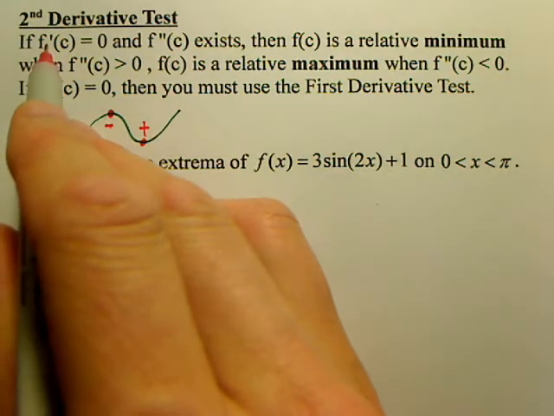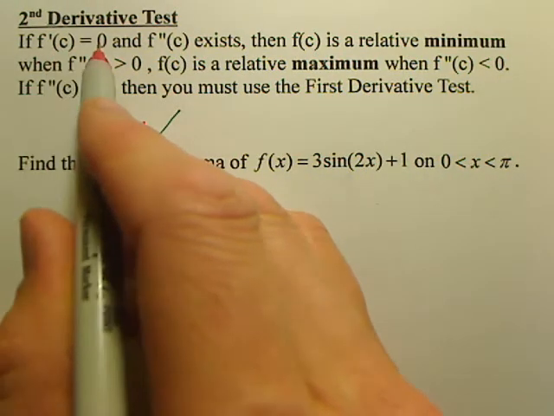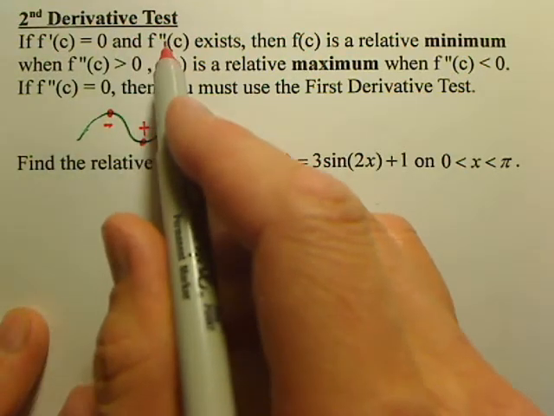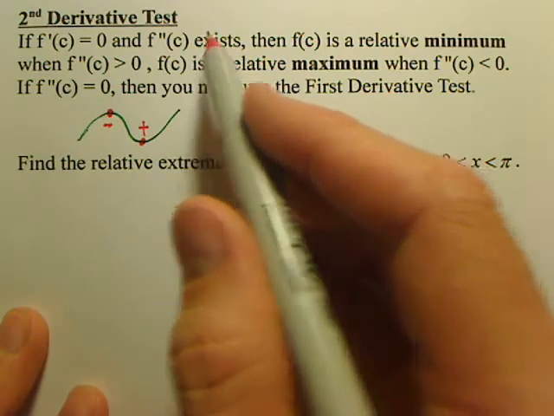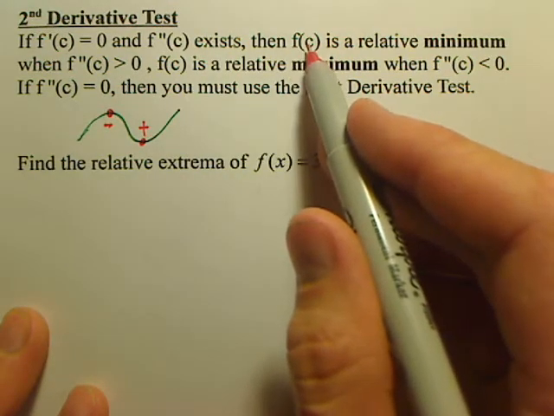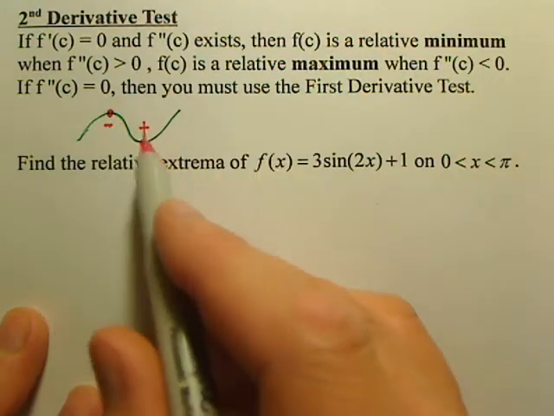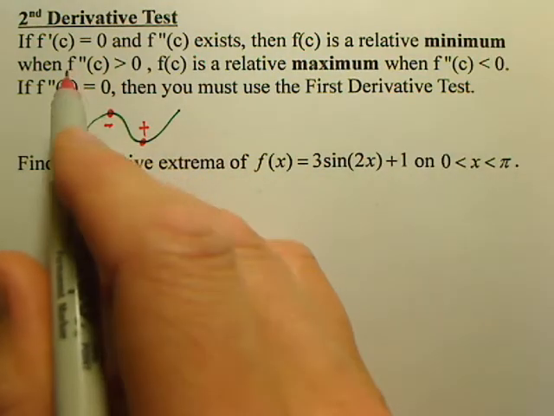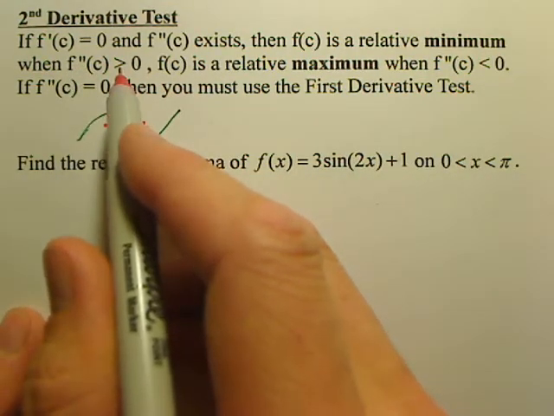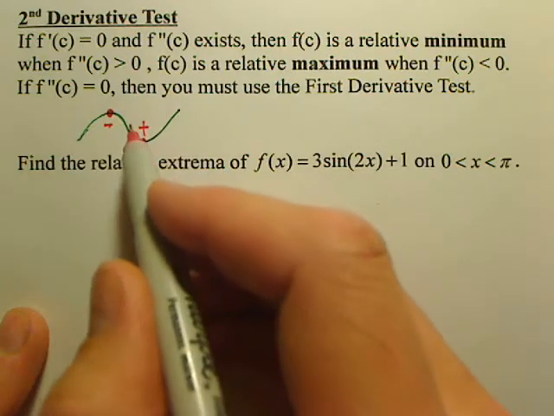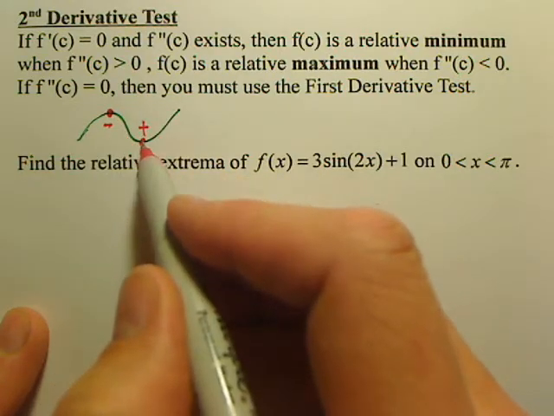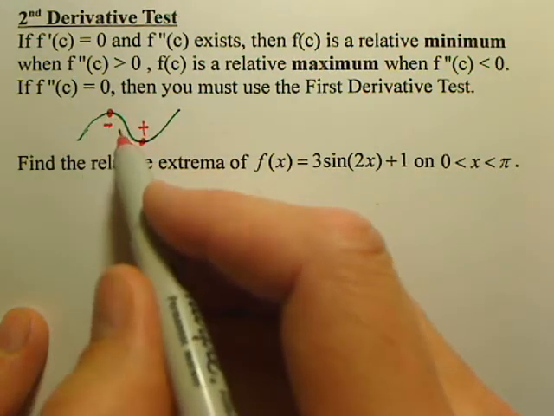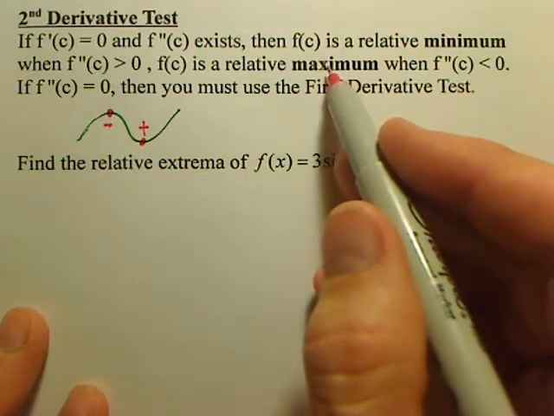If you take your first derivative at c equal to 0, which is a critical number, and if the second derivative at that value exists, then f of c, the coordinate, is a relative min when the second derivative is positive. Just like I said here, if the second derivative is positive, isn't that a relative min? If the second derivative is negative, like this, concave down at that point, isn't it a relative max?